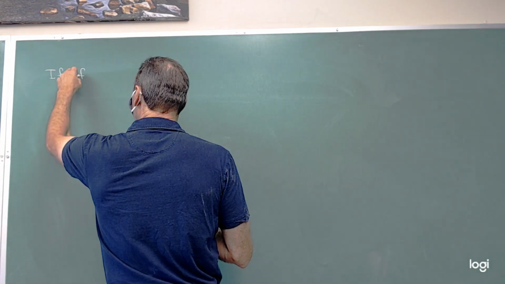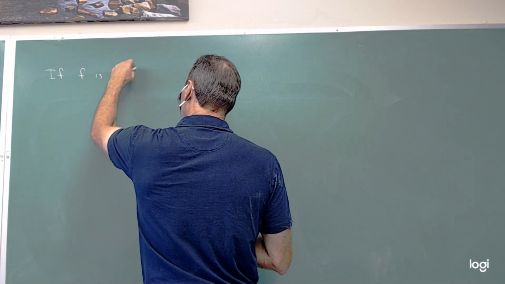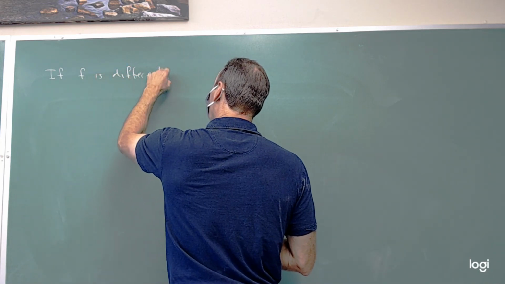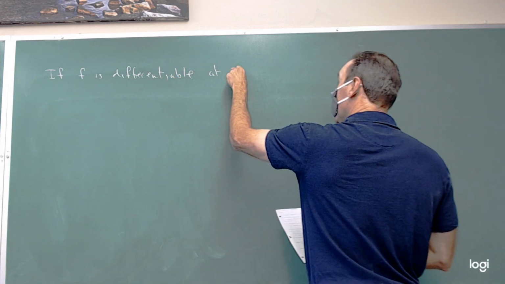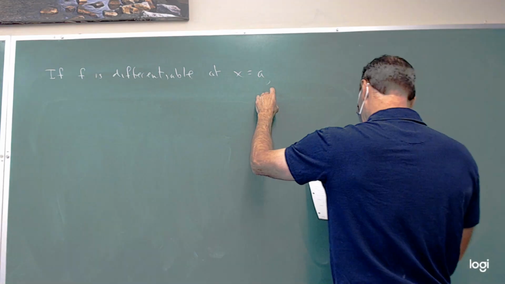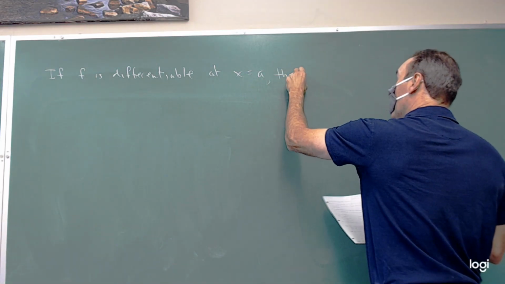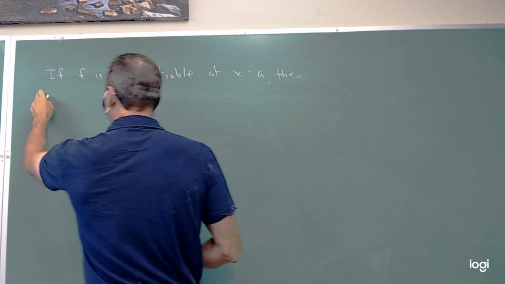So if f is differentiable at x equals a, then, so this is going to look weird, but we'll talk about it in a minute.